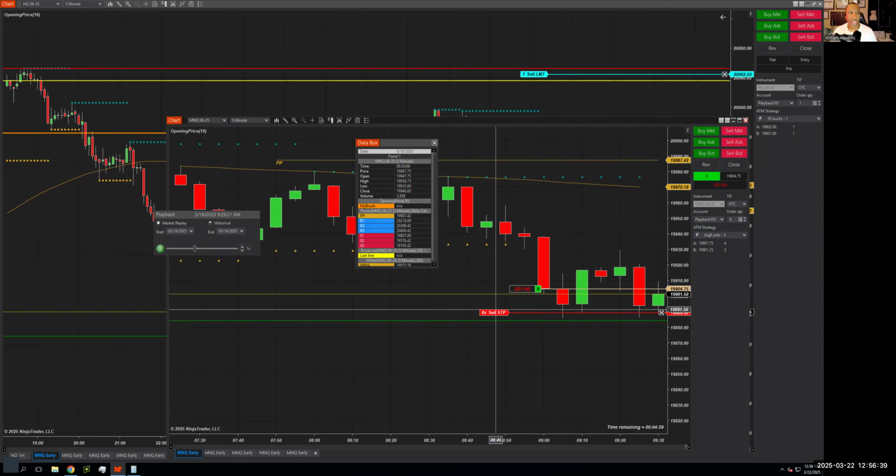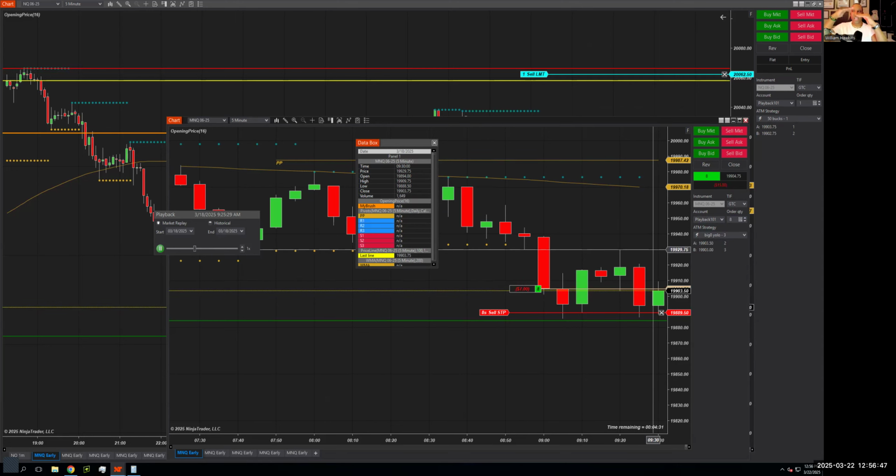It shows 8 contracts, all in one spot. But if this market goes up, they all move at 2 contract increments. So they don't all move at the same time. You know what I'm saying? They move at all separate times.